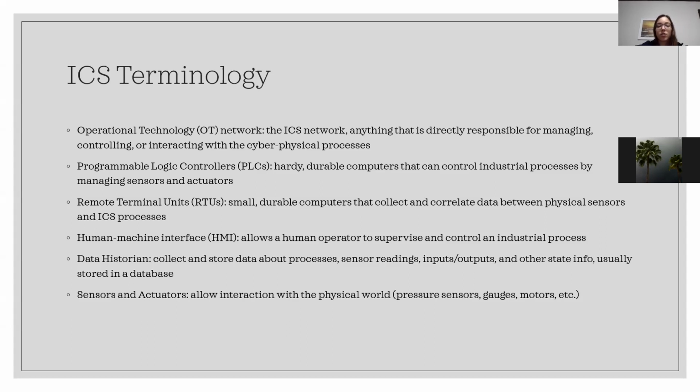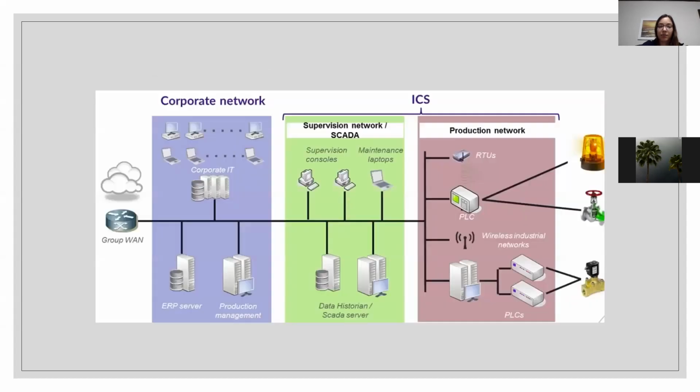So those are kind of the main components that make up an ICS system. And so this is a really good diagram that indicates how these components work together. When I was talking about the IT versus OT network, the IT network is in that blue square over here. So this is all the corporate IT.